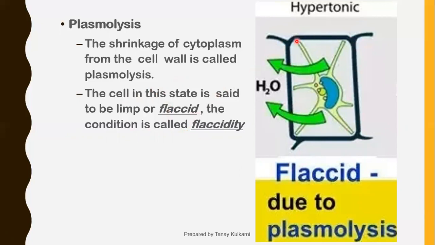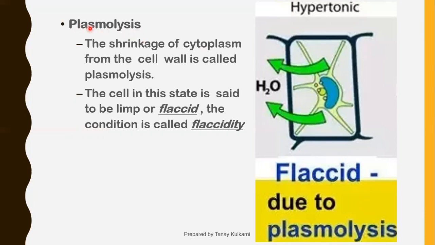Now, as you can see here, this is the plant cell. Correct? When you keep the plant cell in a hypertonic condition, if you remember, hypertonic means the concentration of solute outside the cell is more. I just said that we keep the leaf of the aquatic plant in a 5% salt solution. So what will happen?